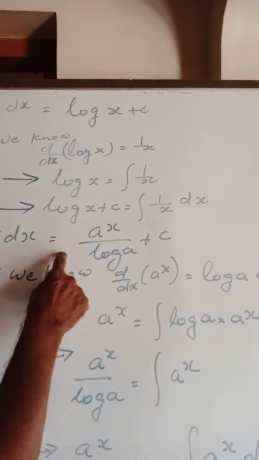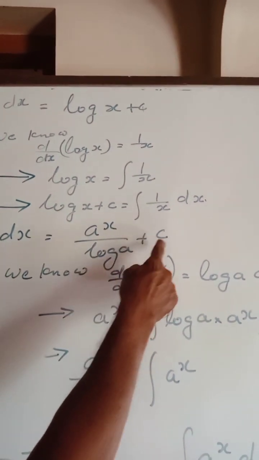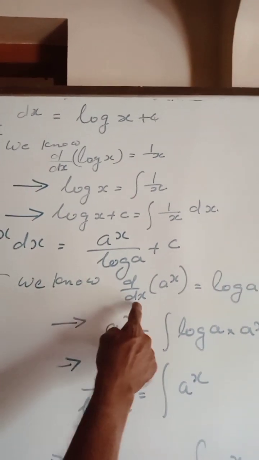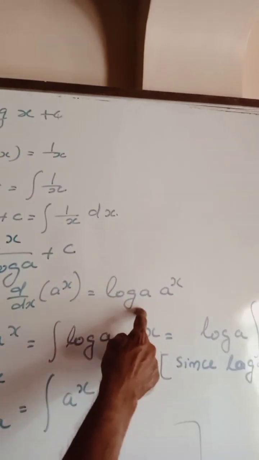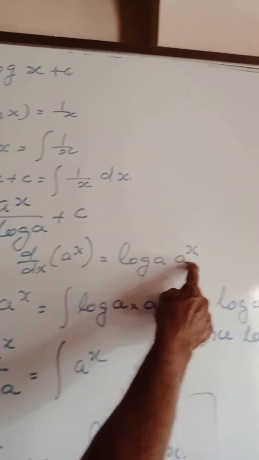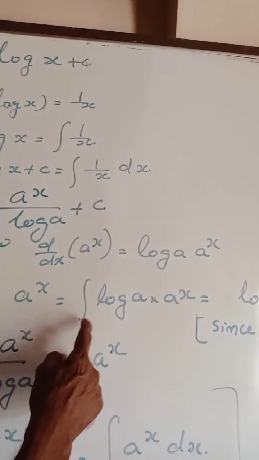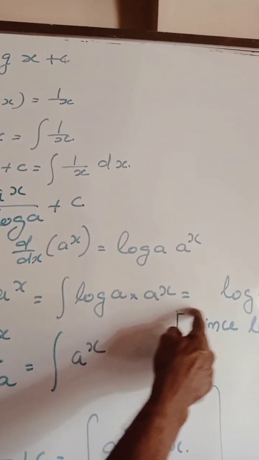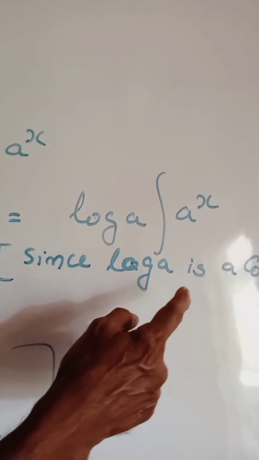10th one, integration of a raised to x dx is equal to a raised to x divided by log a plus c. For remembering, we know that d by dx of a raised to x is equal to log a into a raised to x, which implies that a raised to x is equal to integration of log a into a raised to x, equal to log a into integration of a raised to x.